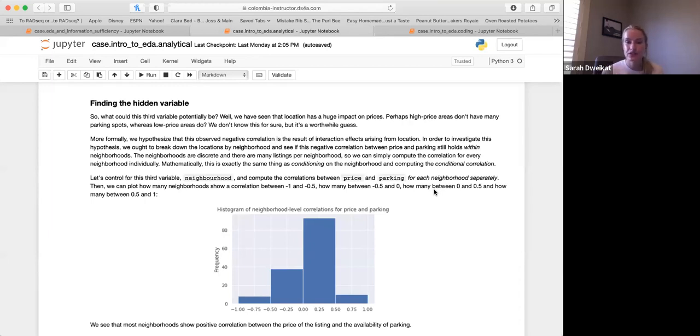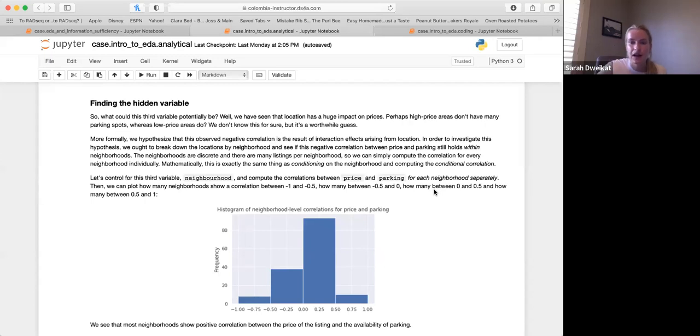So what we can do is make correlations for price and parking for each neighborhood. Does that make sense? We'll also go over the code for that, but we would break it down by each neighborhood and say, okay, what's the correlation between price and parking just for this neighborhood and just for this other neighborhood, for each neighborhood in New York, to see if this is something that is neighborhood specific. And so here's our resulting histogram.